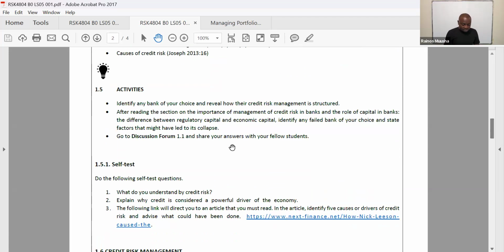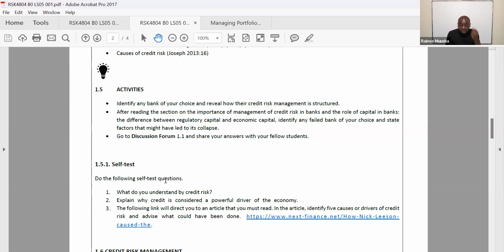And under self-test, when we go through this section, we should be able to answer the following questions. What do you understand by credit risk? And we should also be able to answer the question, explain why credit is considered a powerful driver in the economy. Because typically, going into the exam or the assignments, the questions that the lecturer picks from are based on the self-test questions.